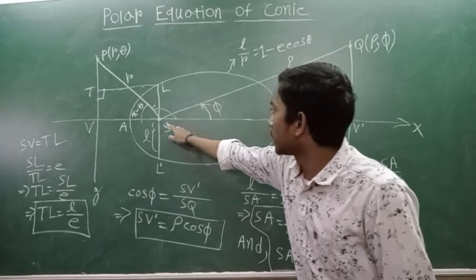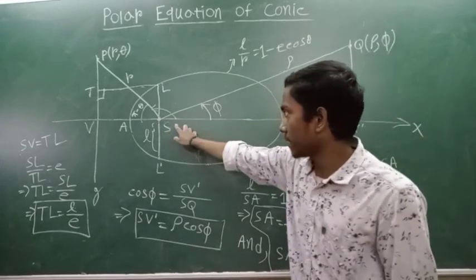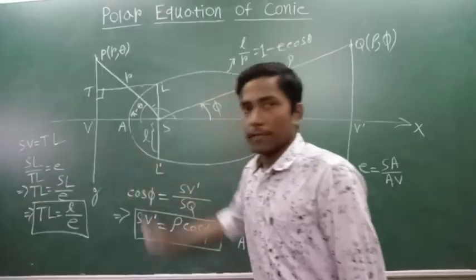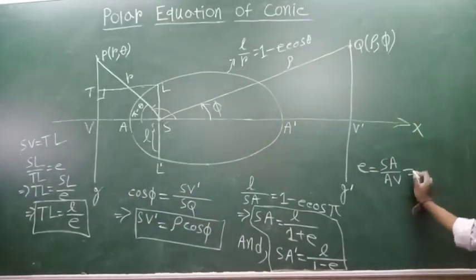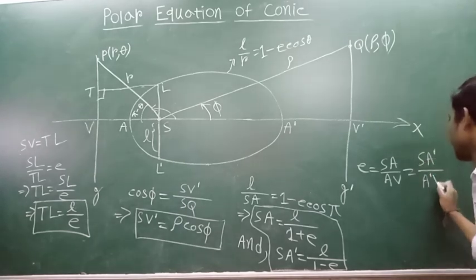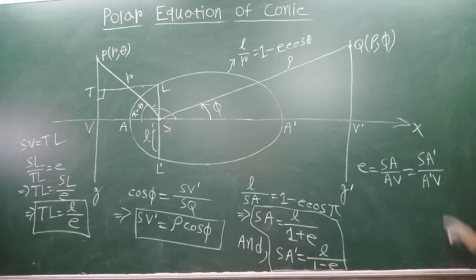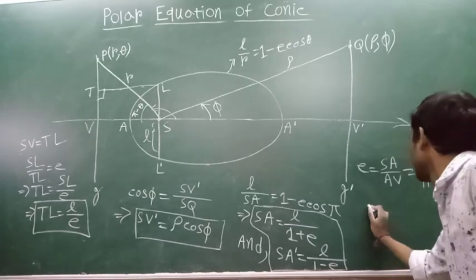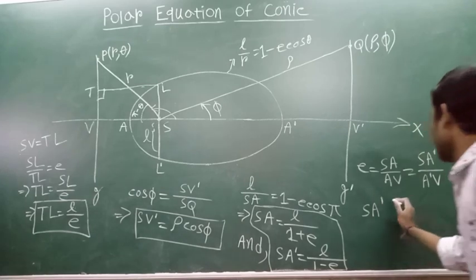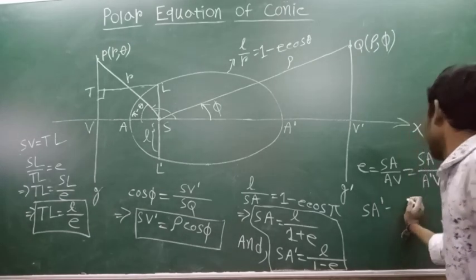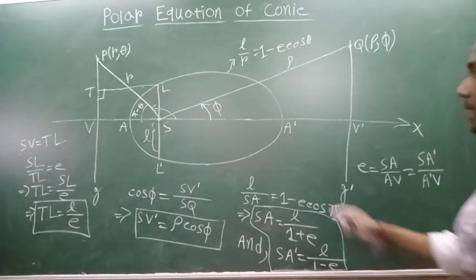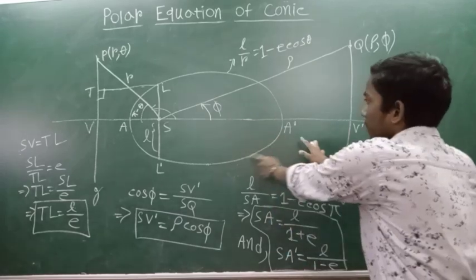The distance of point A dash divided by A dash V is the eccentricity, so we can write e equals S A dash divided by A dash V. From here we get A dash V. A dash V means this length.